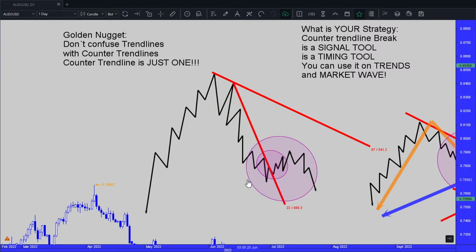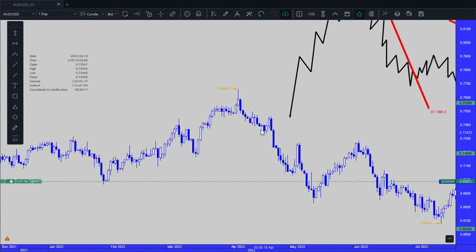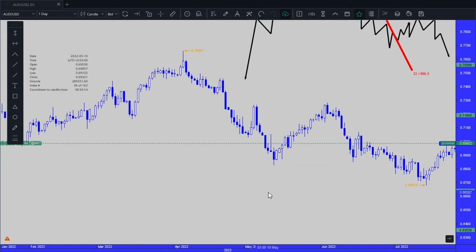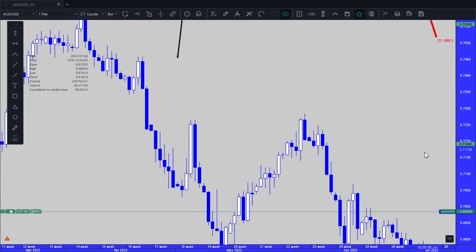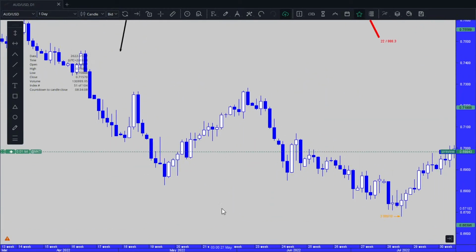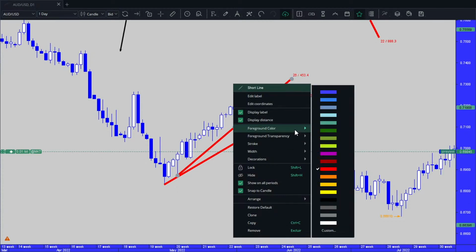Okay, now let's dissect what happens. Okay, everybody, so look at the chart, this is one trend line, and this is the second trend line. Which one is the counter trend line, everybody?